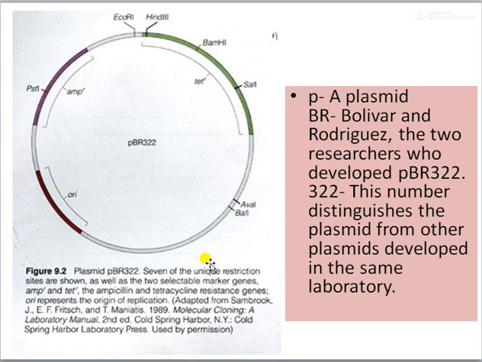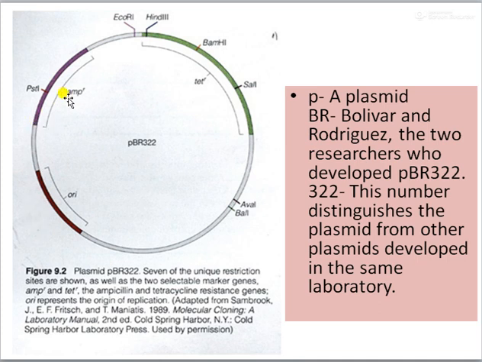Now just look into this. Here, this is the origin of replication. That is the site from which this plasmid can be replicated. So if the plasmid has an origin of replication, it can replicate in a host cell independently.